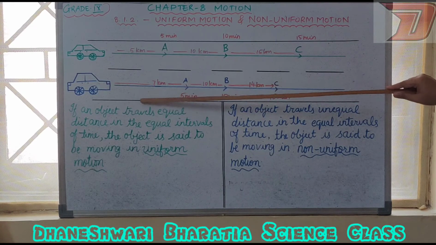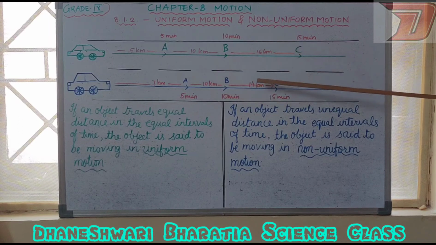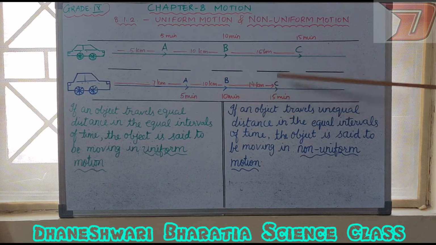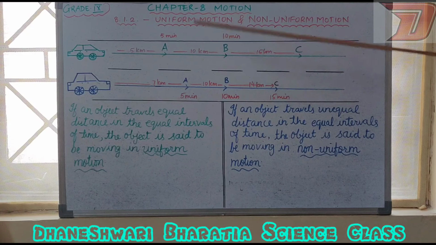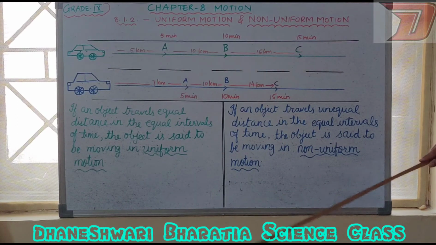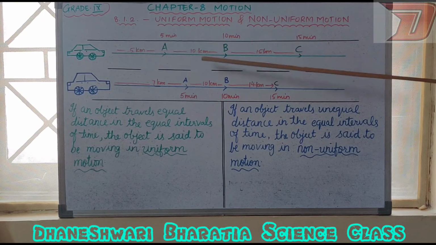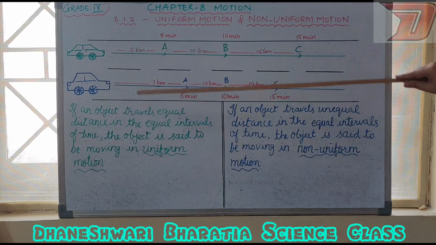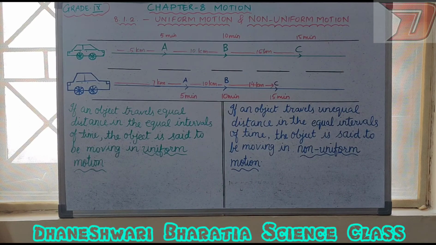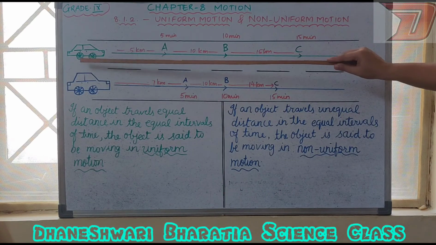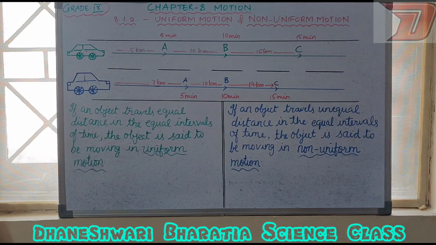That is first 7 kilometers, then 3 kilometers, then 4 kilometers. So there is no uniformity observed here, isn't it? Whereas here in case of green car, 5, 5, 5, after every 5 minutes the car is traveling 5 kilometers only. That is equal distance is traveled, isn't it? So here this car is moving with the uniform motion, whereas blue car is moving with the non-uniform motion.